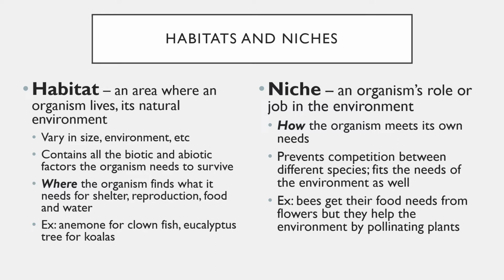So like bees, they are pollinators. They get food from flowers. They get the nectar, but they also serve a purpose in doing what they do. As they go get their food, they pollinate plants, and they fit a very specific need for the environment, and they fit a need for themselves. Now, bees won't be getting nectar from the same flowers as a hummingbird or even a butterfly sometimes.